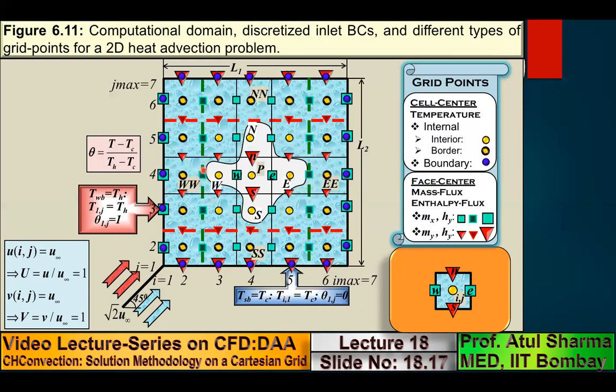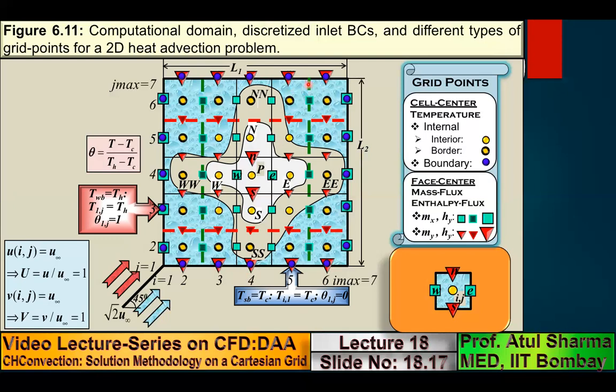This is the computational stencil if you are using the first order upwind or central difference scheme. However, if you use higher order schemes like second order upwind and QUICK scheme, then you may need the upstream of the upstream neighbor, and then you have a larger computational stencil, which is shown here. I would also like to point out that in pure advection, you do not have boundary conditions at 2 boundaries, such as in this case the right boundary and the top boundary.